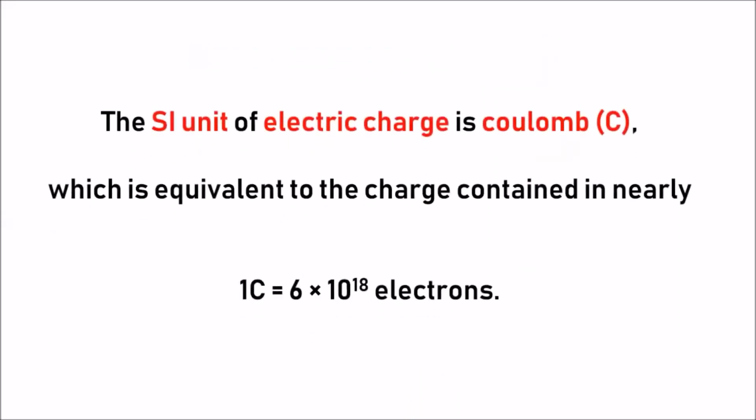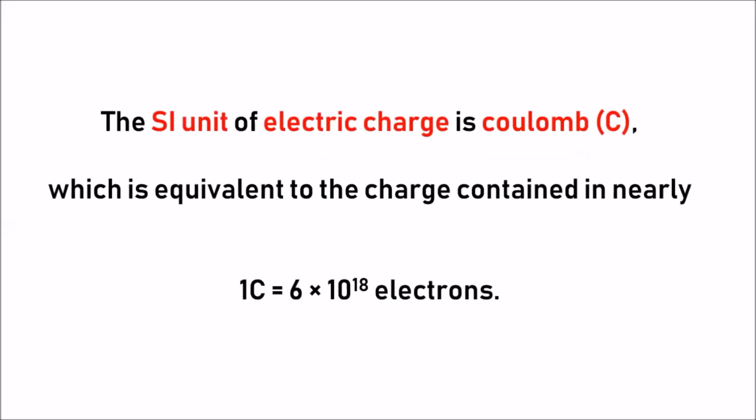The SI unit of electric charge is coulomb, which should be represented with a capital C. Coulomb is also a scientist's name, which is equivalent to the charge contained in nearly 6 into 10 to the power of 18 electrons. 1 coulomb is nothing but 6 into 10 to the power of 18 electrons.